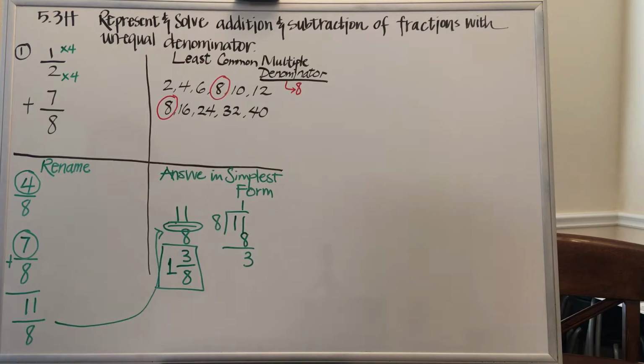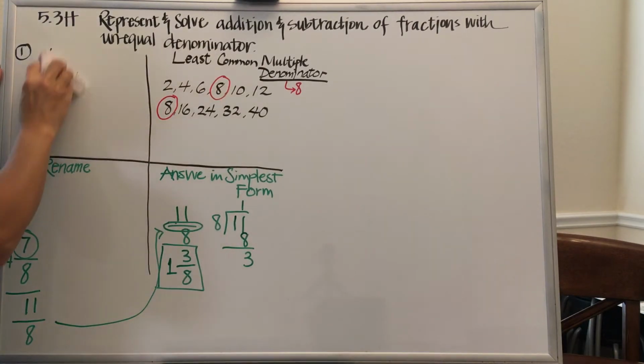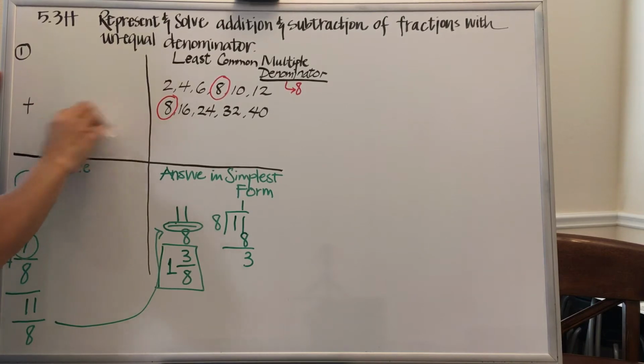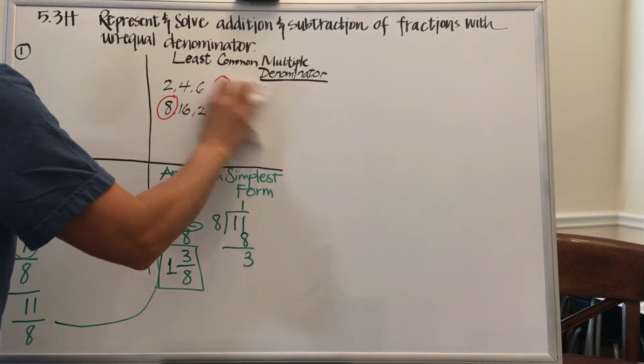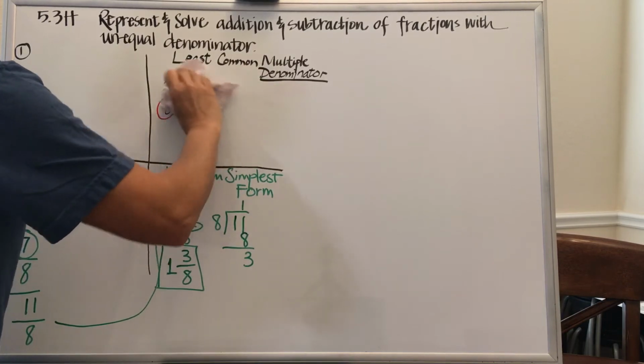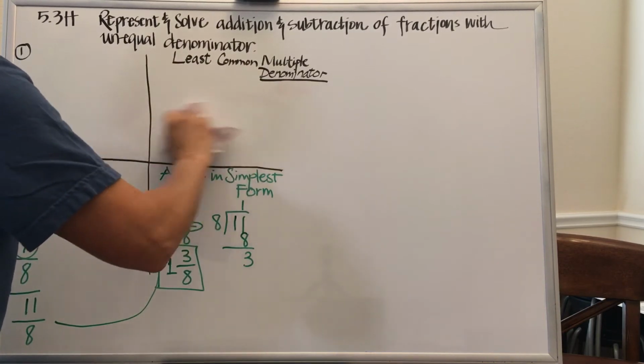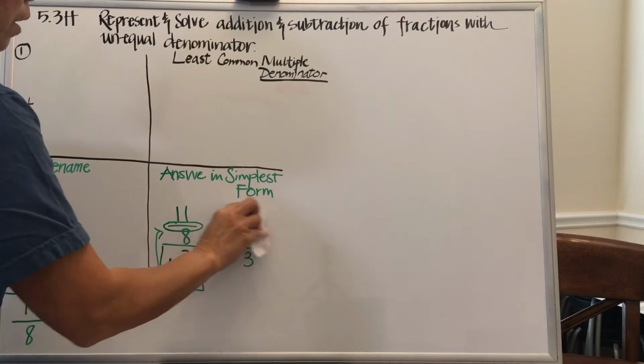Now let's go a little bit bigger. So I'm going to change it up here and make these fractions a little bit bigger and see if our process is any different. Because it all works for all numbers and we shouldn't have to change anything.